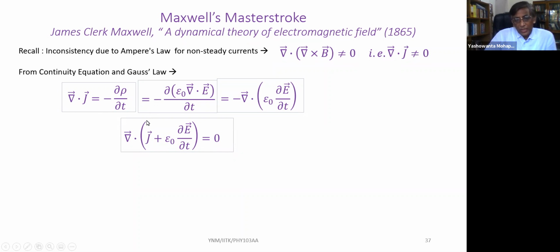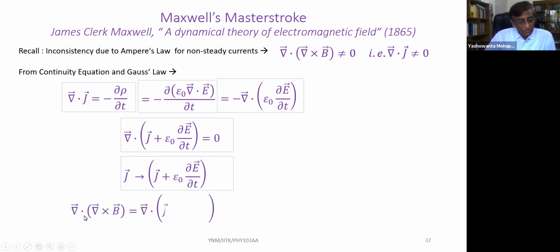Whatever it may be, it looks like if I include this instead of just J, that would fix it. So instead of J, the current, I take J plus epsilon naught del E by del t. In that case, the divergence is equal to 0, and we can say that the fatal inconsistency is now cured.